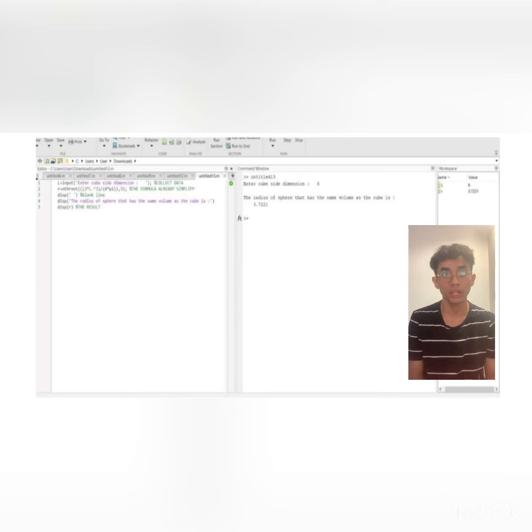Next, we need to display the radius of the sphere that has the same volume as the cube. We know the side dimension of the cube is equal to L. The answer that I got is 3.7221, the radius of the sphere that has the same volume as the cube.